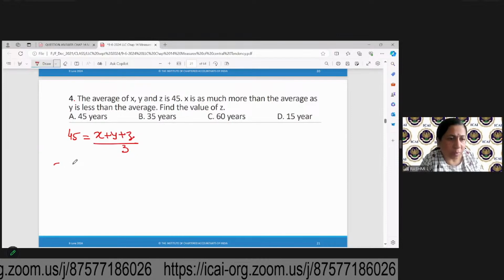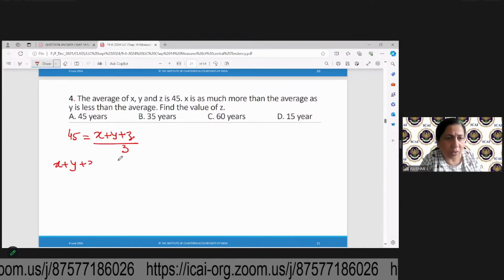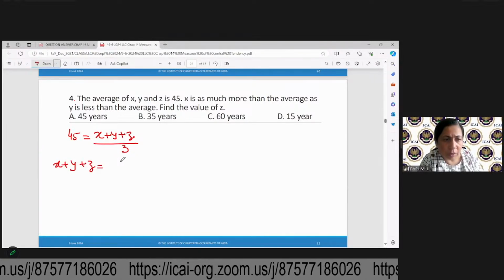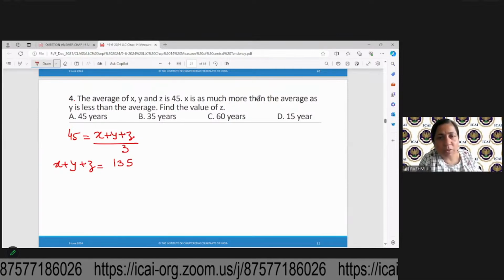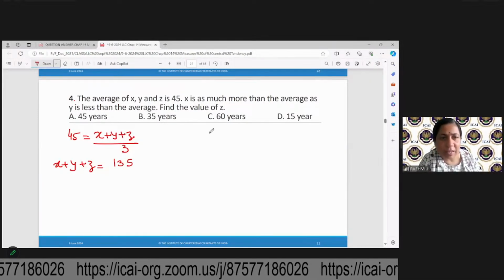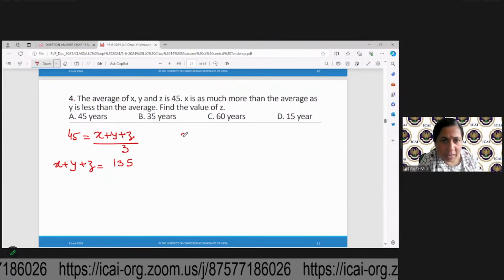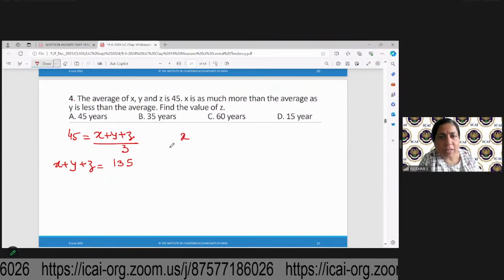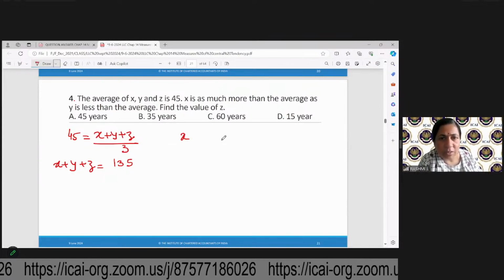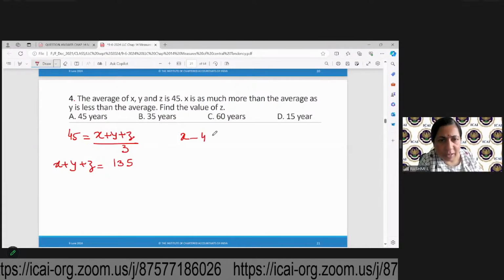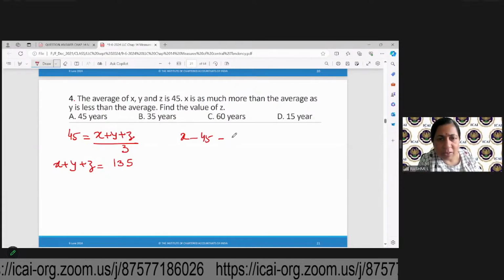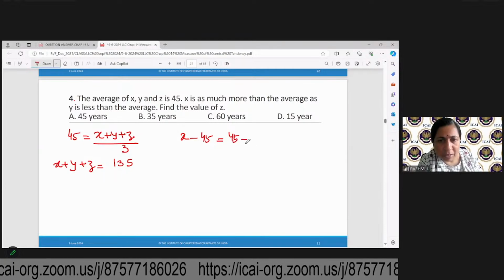So x plus y plus z is equal to how much? 135. Now x is as much more than the average as y is less than the average. Means x is more than the average. That is x minus 45 is equal to 45 minus y.